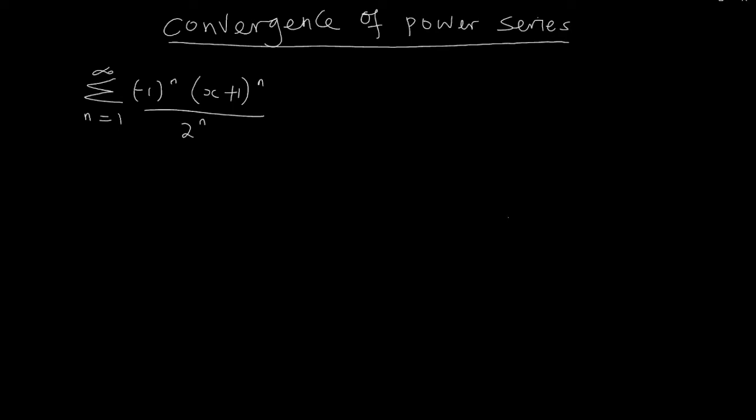To find the convergence of the power series and the interval of convergence, we are going to use the ratio test, but there are other methods you can use. In this video, we are going to learn how to find the convergence of the power series using the ratio test.